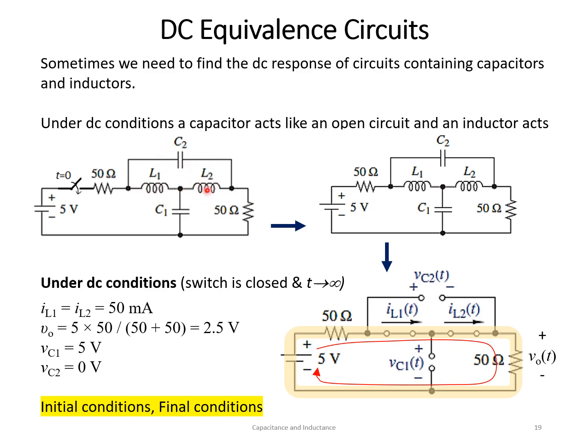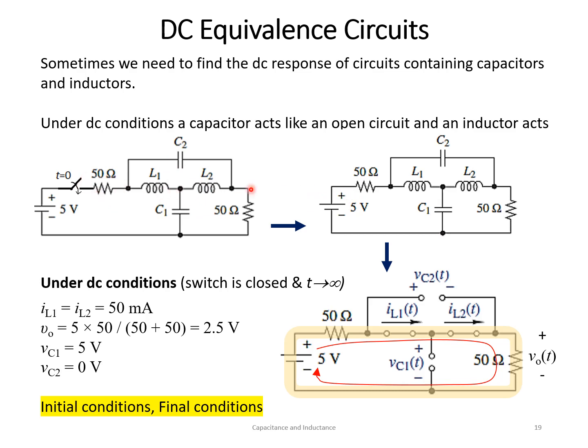Therefore the current will be zero and the voltage across the capacitor will be zero. As soon as we close the switch, the voltage across the capacitor is zero and the current flowing through the inductor is zero, and this is the initial condition of the circuit at t equal to 0.